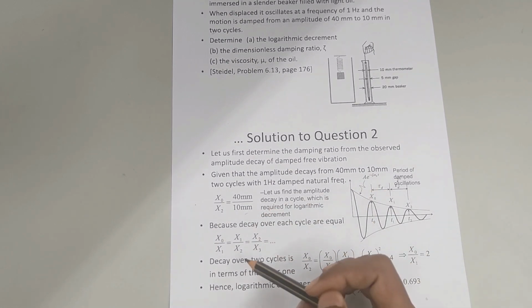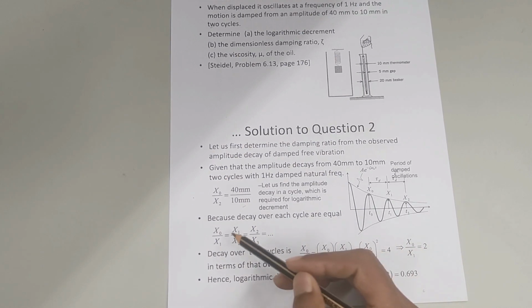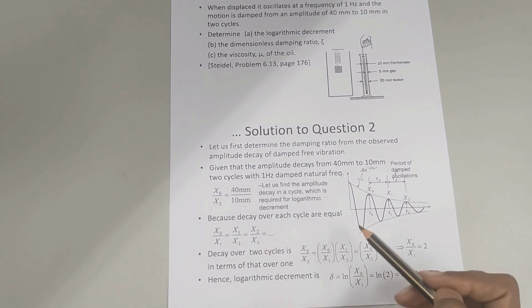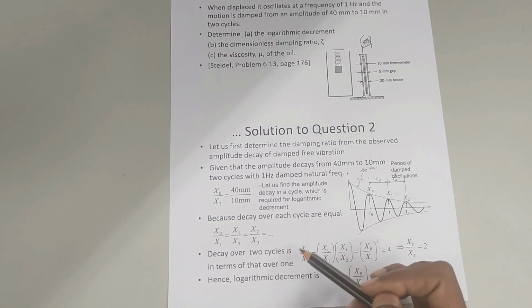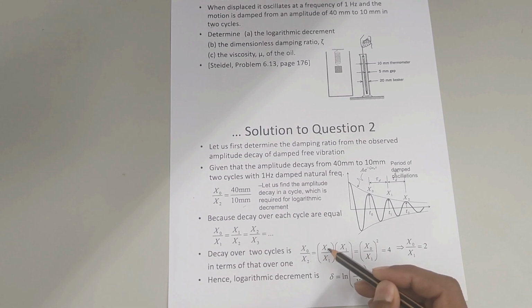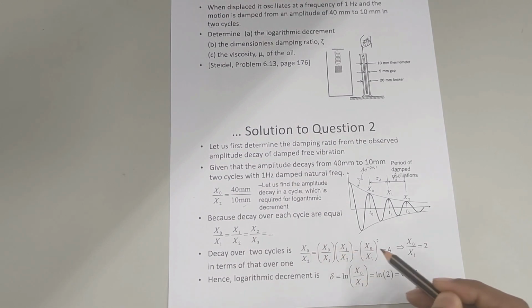We know for the amplitude ratio, x0 by x1 is equal to x1 by x2 is equal to x2 by x3. So for the 2 cycles we can write x0 by x2 is equal to x0 by x1 into x1 by x2. All are equal, so it is x0 by x1 squared.